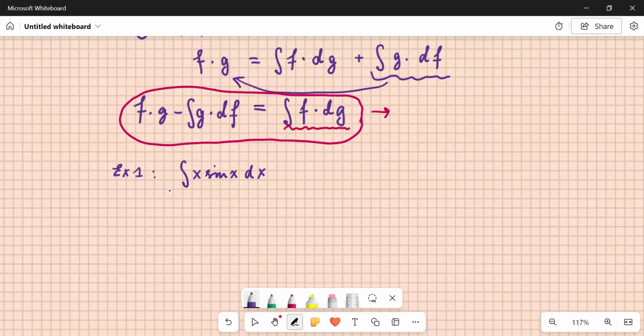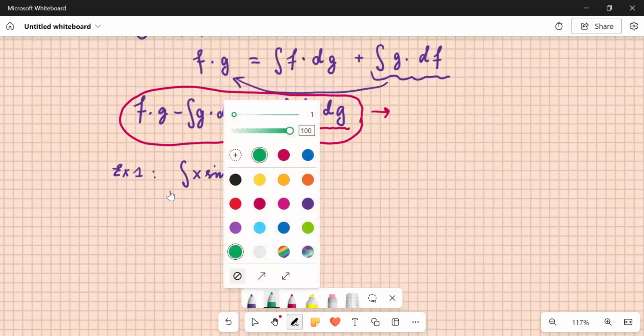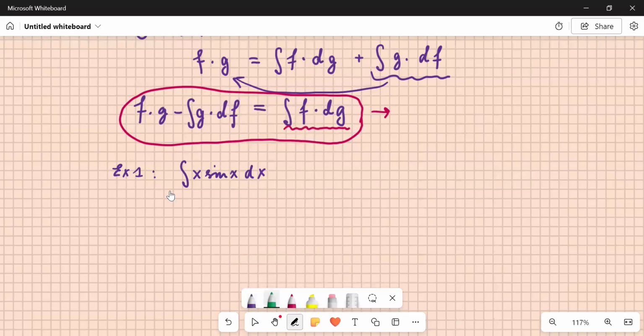So I'm going to make arrows to show what is going to be what in my integral. So guys, my f is going to be x. My dg is going to be the expression sine of x dx. Well, if I write it down as d of some function, which function do we need to differentiate to get sine?